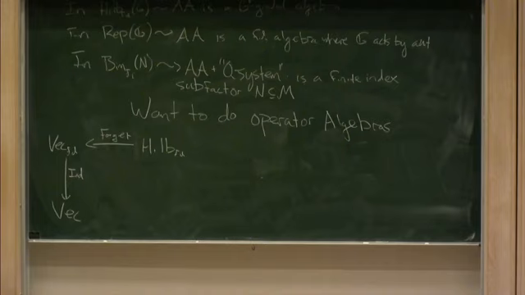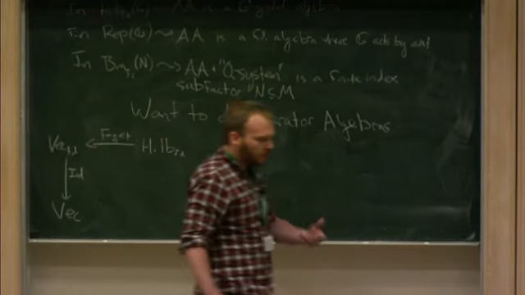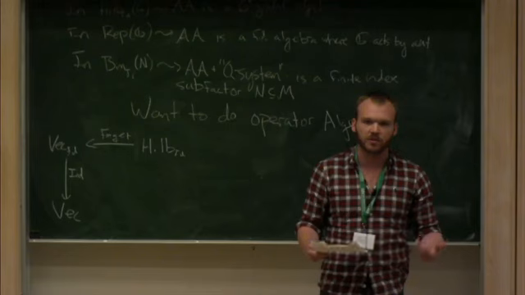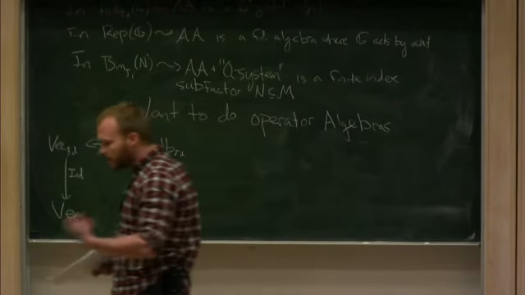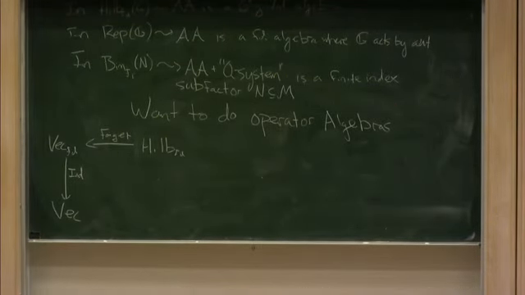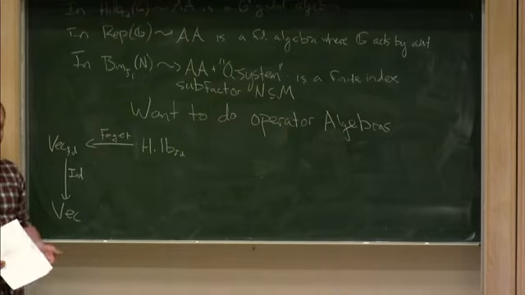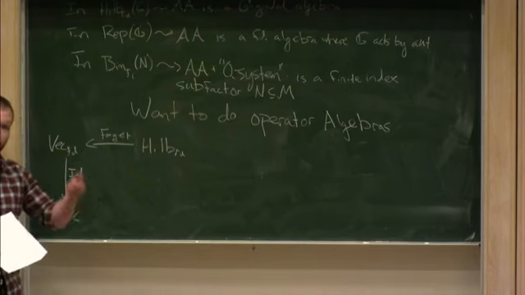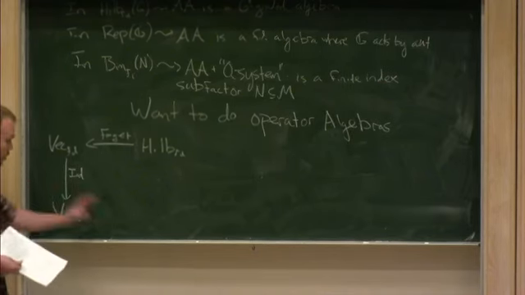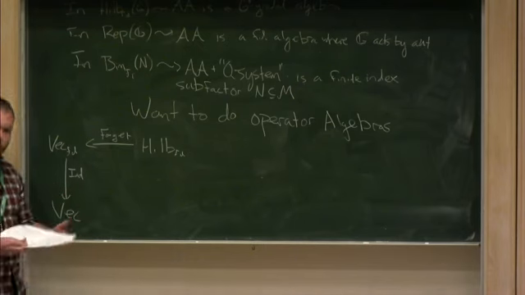Okay? Now, when you're doing operator algebras, you don't just want to talk about algebra objects in a vector space. You want to be able to talk about their interaction with Hilbert spaces, right? The fruitfulness of the theory, and indeed the reason for the name operator algebras, is because every C-star and W-star algebra can be realized as bounded operators acting on a Hilbert space. So we also want to have the Hilbert space theory in our picture.